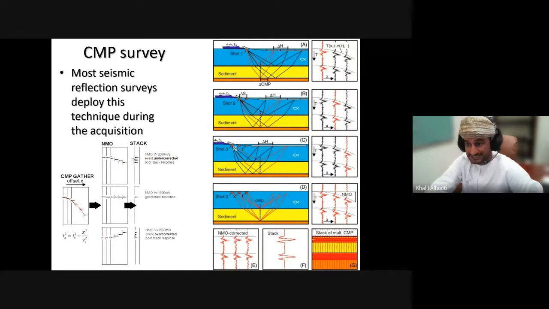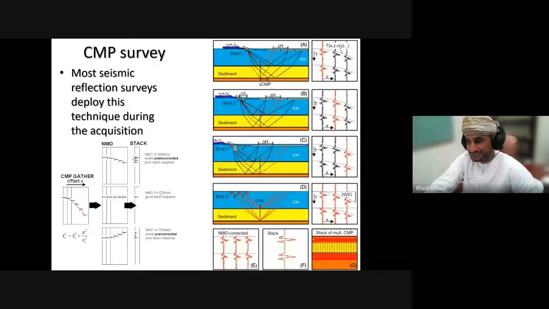When I'm applying normal correction, normal move out correction, I'm trying to flatten my reflectors and stack them together. If the velocity is higher than the true velocity, I say it's undercorrected. Whereas if the velocity is lower than the true velocity, I say it's overcorrected.